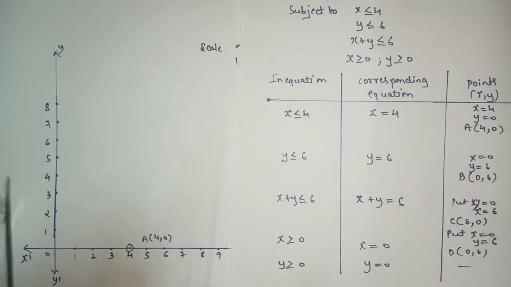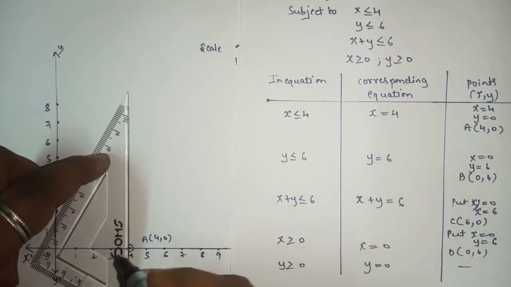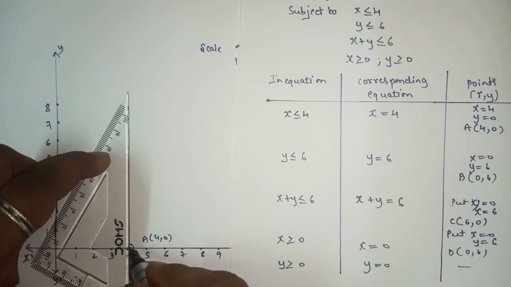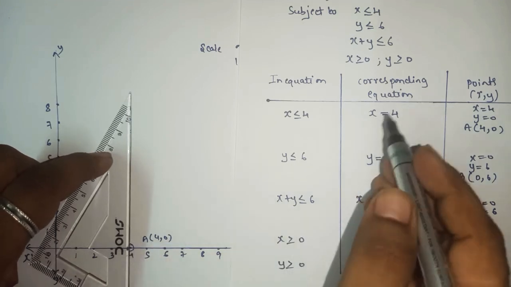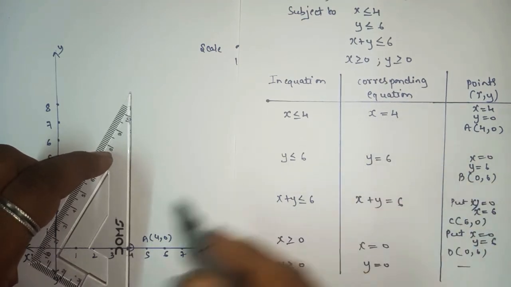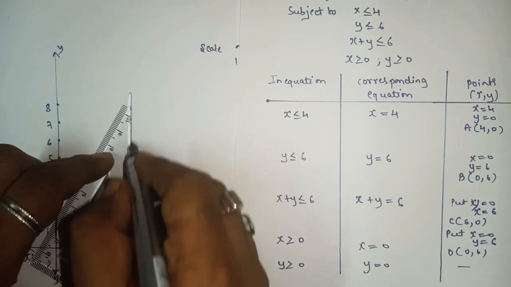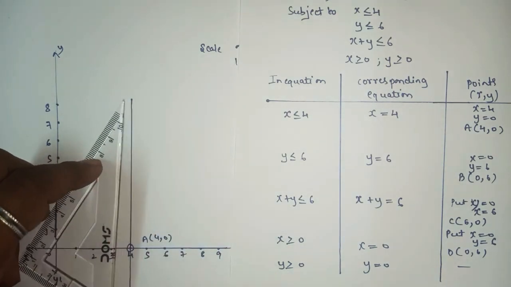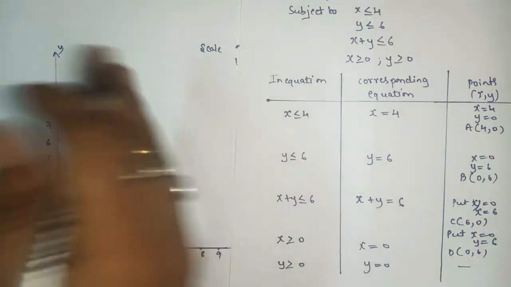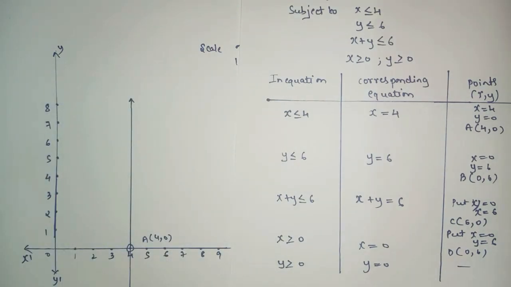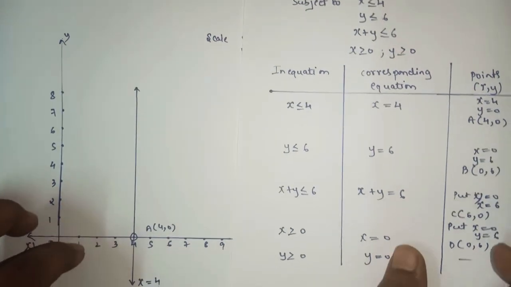As it is a linear equation in one variable, as I explained, when you have a linear equation in one variable, the line will pass through x, but it will be parallel to the y axis. So this is x equals 4.